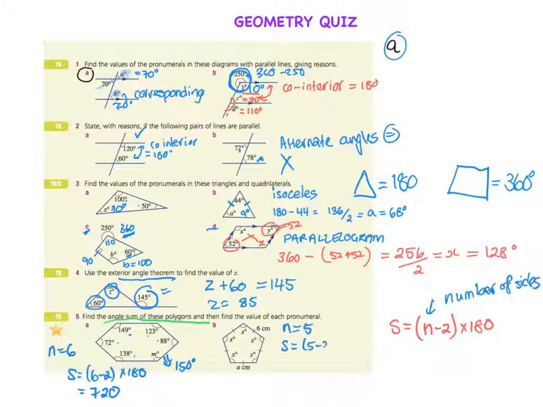It'll be 5 minus 2 times 180, which equals, what does that equal, Max? 3 times 180? 540. Excellent. So there's 1, 2, 3, 4, 5 x's. So you've got to go 540 divided by 5 would equal x. And what does that equal? 108. X equals 108. Excellent. Too easy.